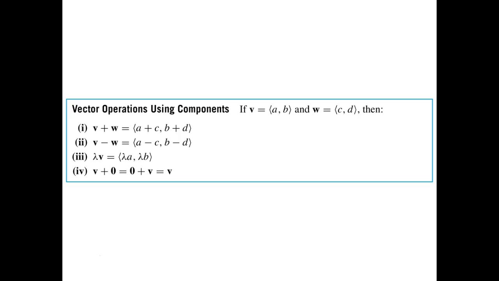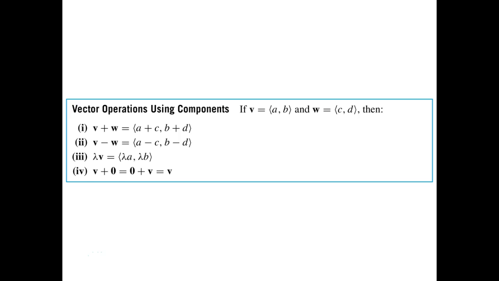You just do what the components tell you. Now, if you're multiplying a vector V by a scalar lambda, what do we do here? We multiply this vector V as A, B, so it's lambda times A, comma, lambda times B. It's not just by one of them, it's by every component.